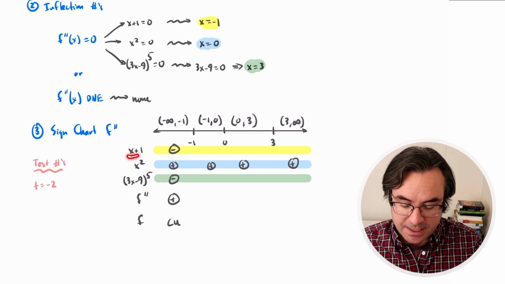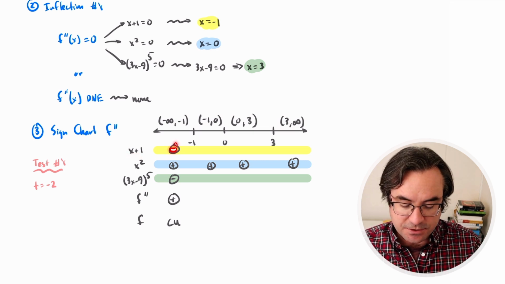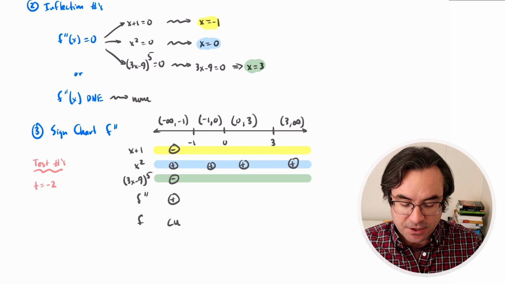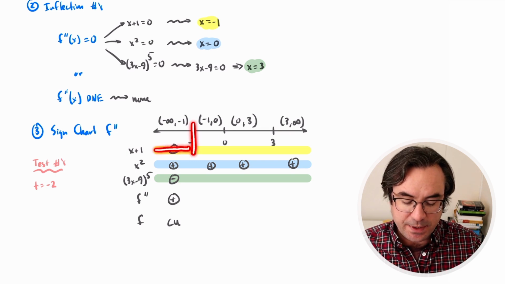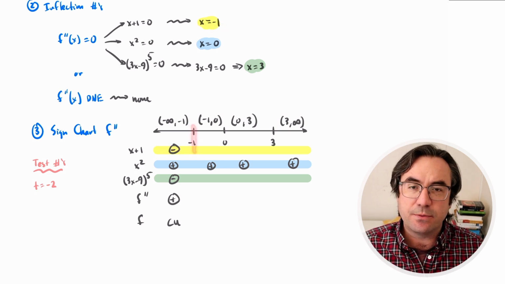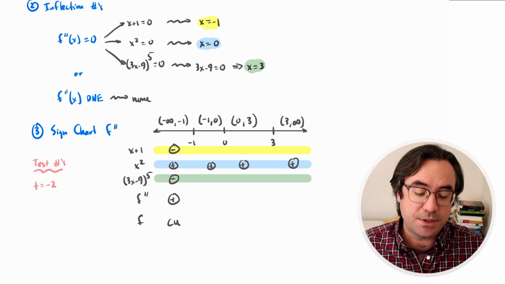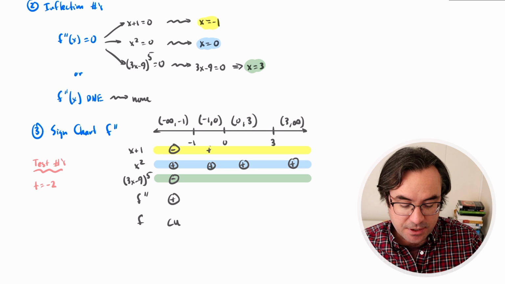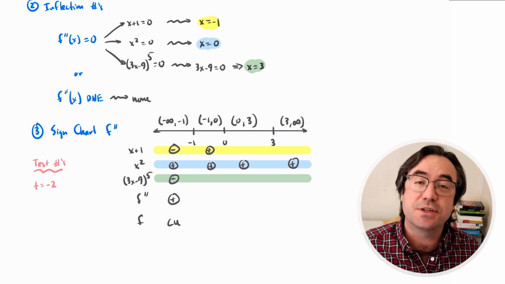So if we look at this x plus 1 term, it starts off negative, and it's going to stay negative until we get to x equals -1. Once we reach that -1, it's going to switch signs, become positive, and then just stay positive.